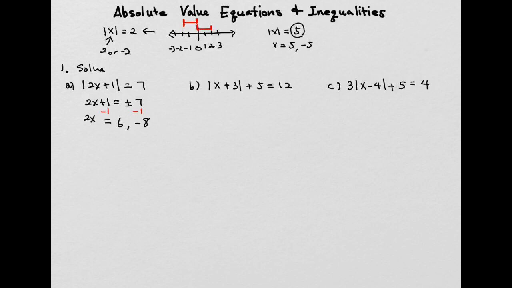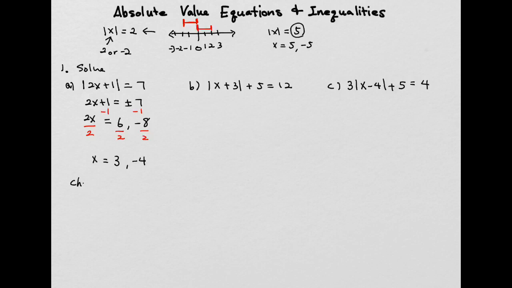And then when you divide both sides of the equation by 2, you get x equals 3 and negative 4. And we know that with any of these problems solving equations, you should be able to check them.